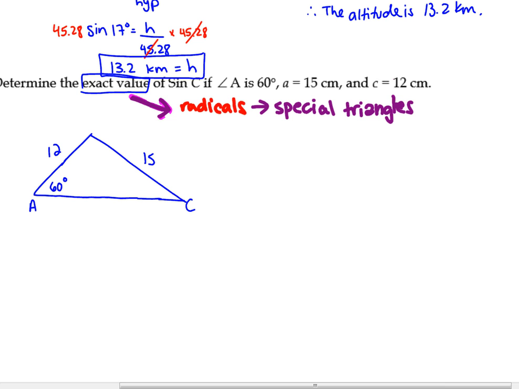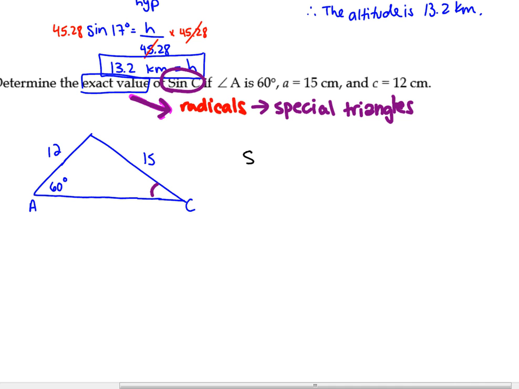Okay, special triangles. So, do we know an angle and its opposite? Yeah, because it wants the exact value of sine C, right? So that's this angle here. Let's set up the sine law, because we know an angle and its opposite.